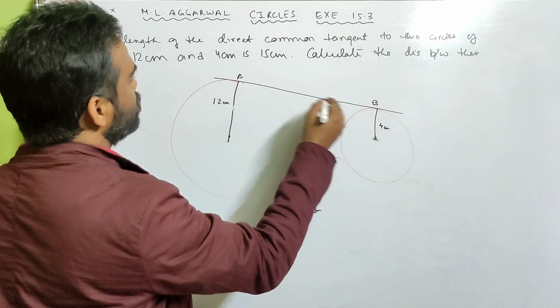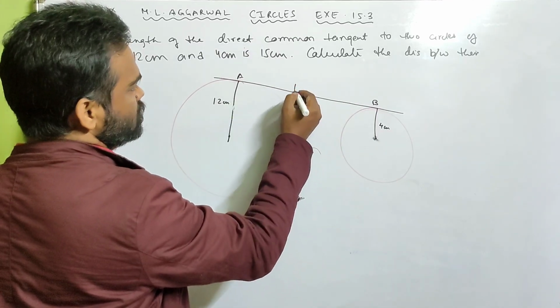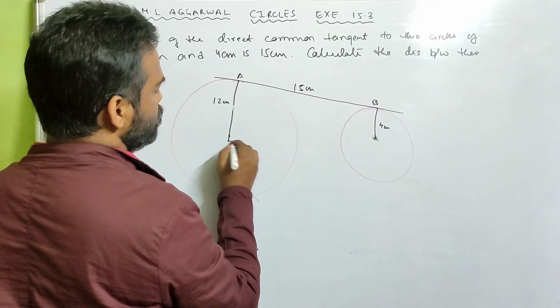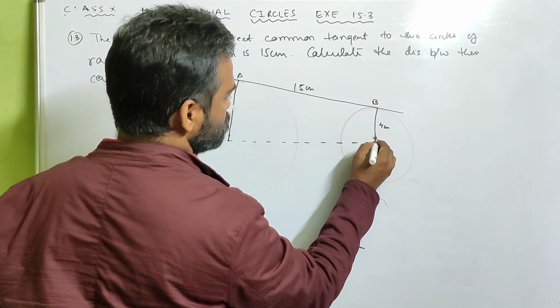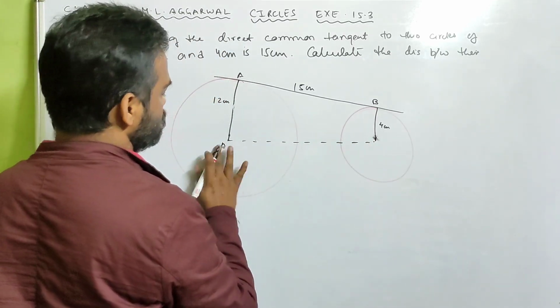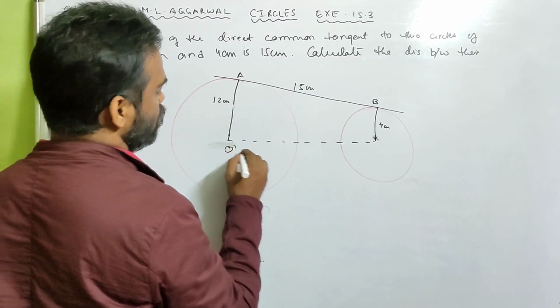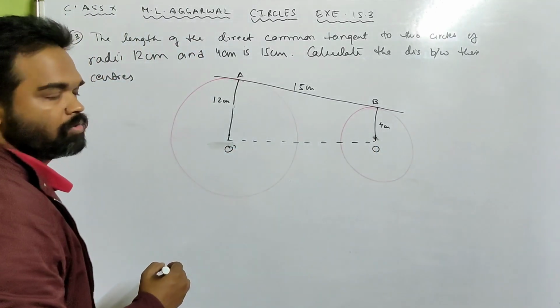Okay, and the length of the tangent is 15 centimeter. We need to find the distance between them, O dash O. This distance we need to find.